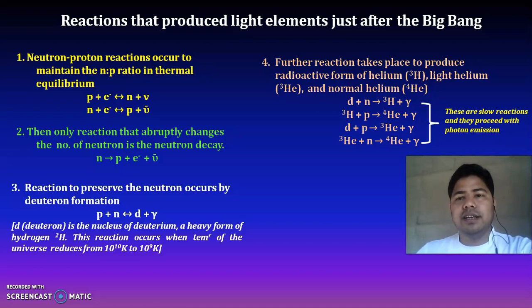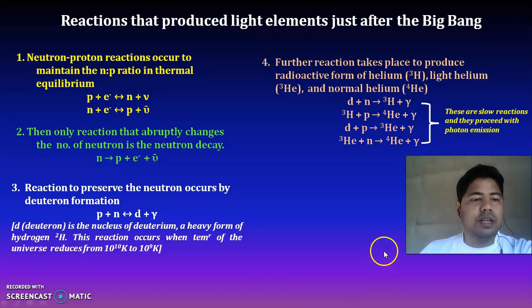This H3 combines with a proton and gives helium-4 and also a photon. Then deuterium combined with a proton gives helium-3 and also produces a gamma ray, and helium-3 with a neutron produces helium-4 and gives a photon. These are slow reactions. They proceed with photon emission.